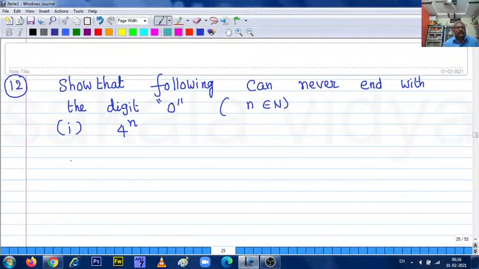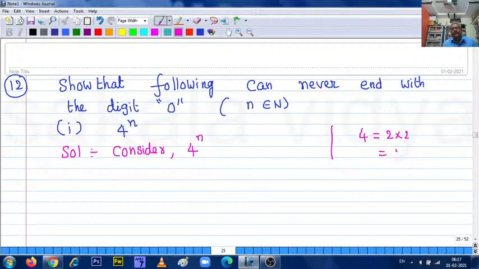See this question, first of all, consider 4 raised to n. First prime factors of 4, write down. 4 we can write 2 into 2, that is 2 square. So this is 2 square all to the power of n. 2 to the power of 2n you can write. Since it contains only 2.